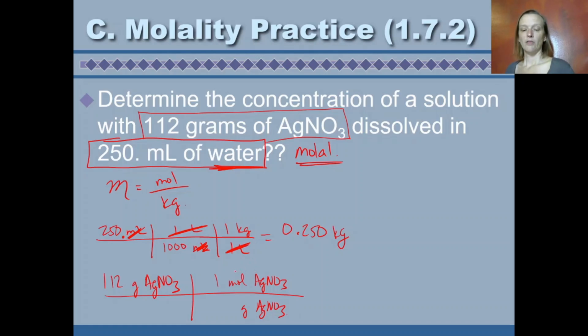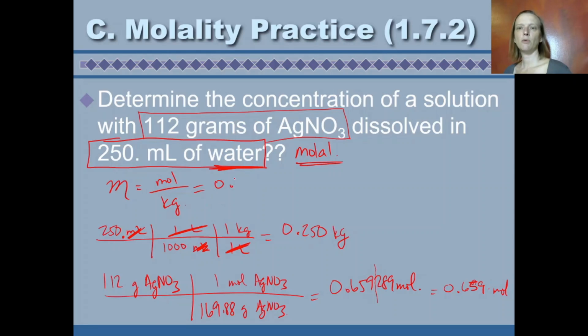The molar mass of silver nitrate is 169.88 grams. So when you do the division, you get a value of 0.659289 moles. And of course, we want to round that off to 3 sig figs. So we round it off here, 0.659.